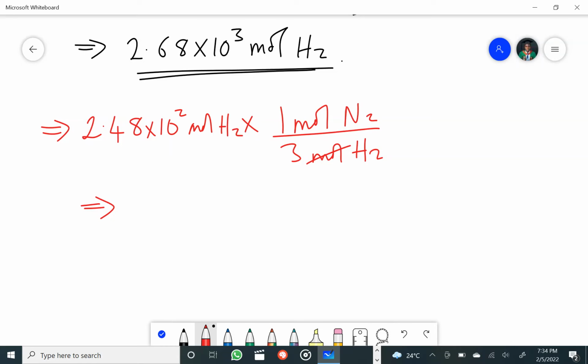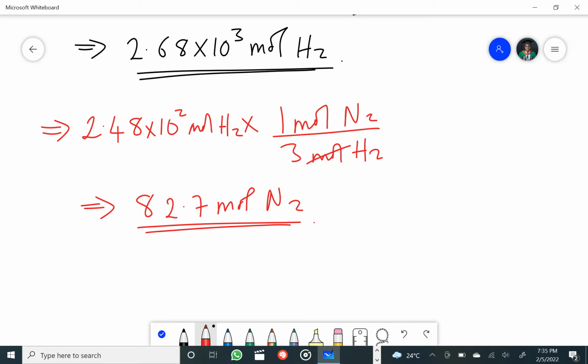So here what we're basically going to do is get 248 and divide by 3. So this is 82.7 moles of nitrogen. You see, these are the moles that are required for nitrogen.